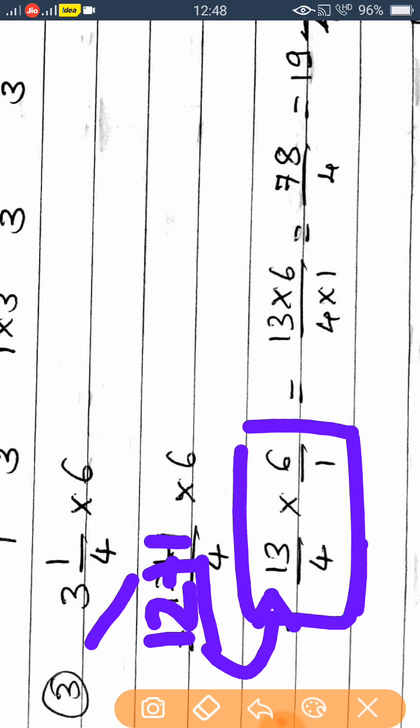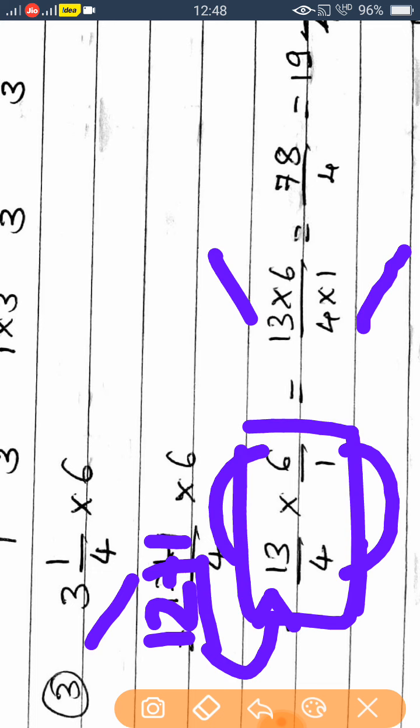Then numerator to numerator, denominator to denominator, we multiply: 13 into 6, 4 into 1. So 13 into 6 is 78, divided by 4.